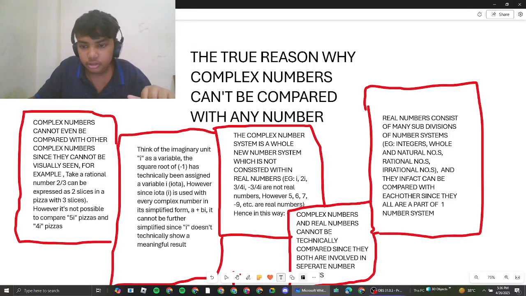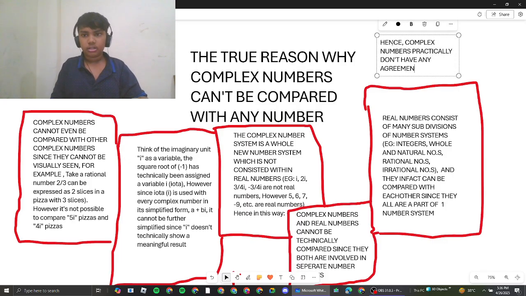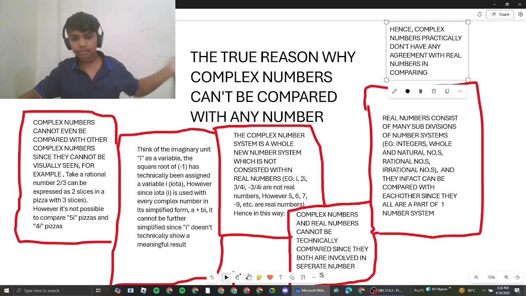In the same way, complex numbers don't have any agreement with real numbers in comparison. Just think of it like real numbers are a separate thing, complex are separate.